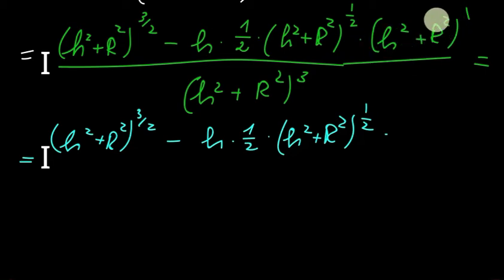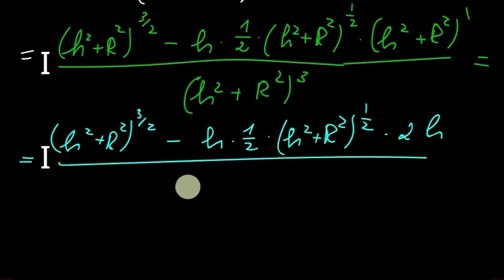The derivative of r squared will give us 0 because it's a constant, and h squared will give us 2h, divided by h squared plus r squared to the power of 3.